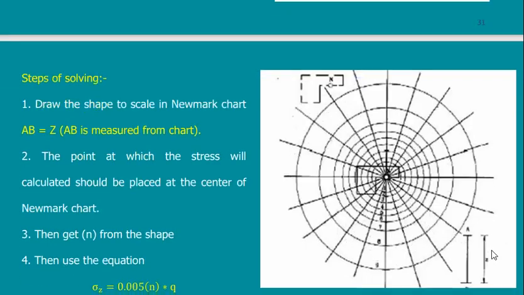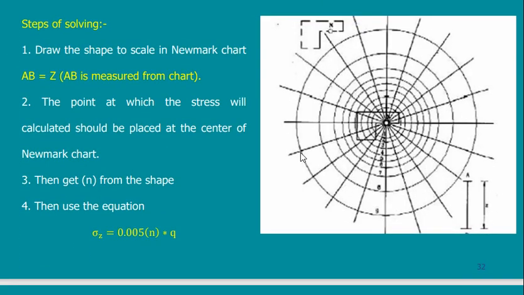Newmark prepared this chart. He tells you to draw your area with a scale. Next to the chart he gave you a distance called AB, and he said that this AB is equal to Z. It means that if you want to calculate the stress at point N at a depth of 5 meters, then this should be the scale which is equal to 5 meters.